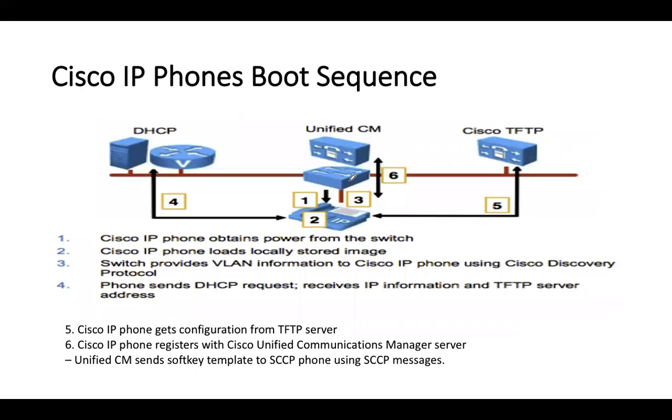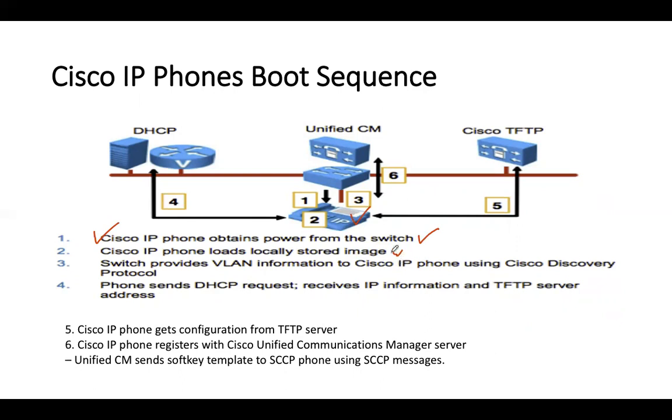You need to understand the phone boot sequence, which we all are aware of, but it is good to revise it. When you connect these phones in the network, the first thing that happens is it gets power through PoE from the switch. Then the Cisco IP phone loads its locally stored image, meaning maybe the phone has been used before and it has the image.